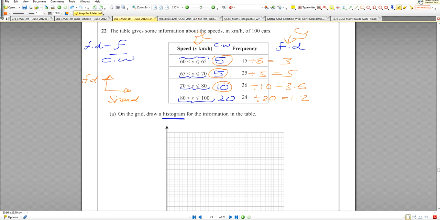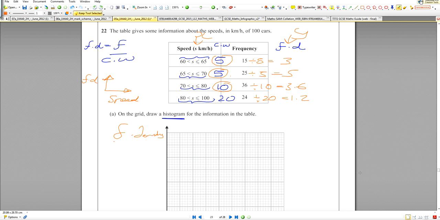We do not, folks, ever plot the frequency on the frequency density graph. Here they haven't labeled the axes. You should know that the y-axis is always going to be the frequency density, not the frequency. So don't plot the frequency, or you'll get the question wrong.